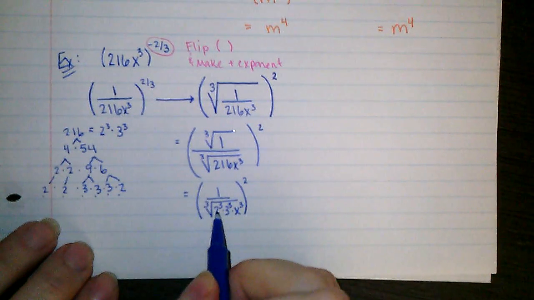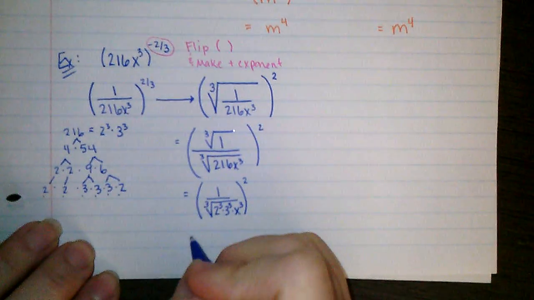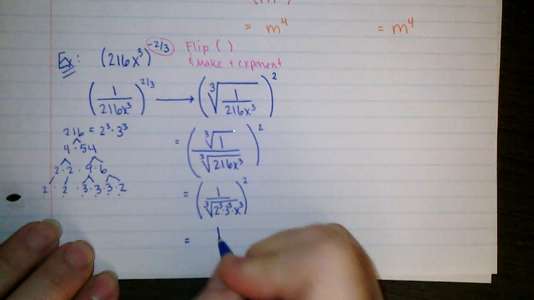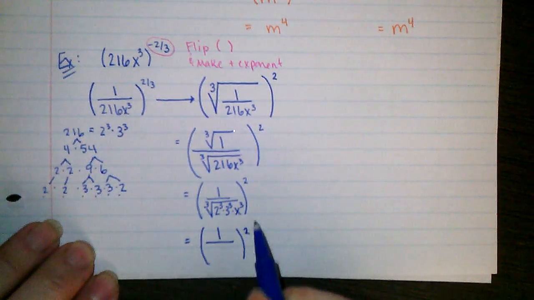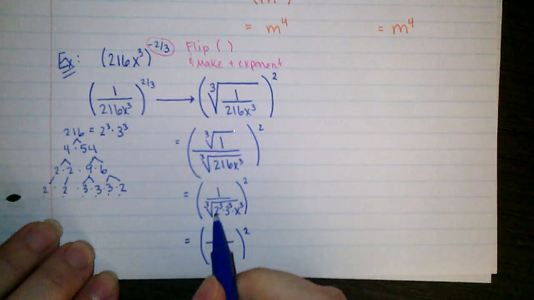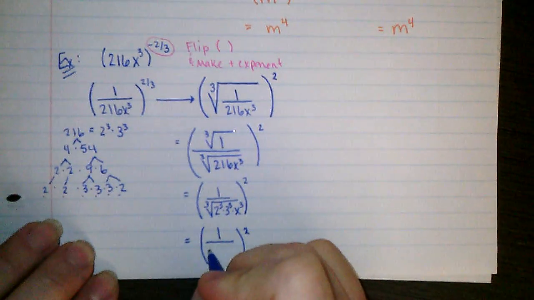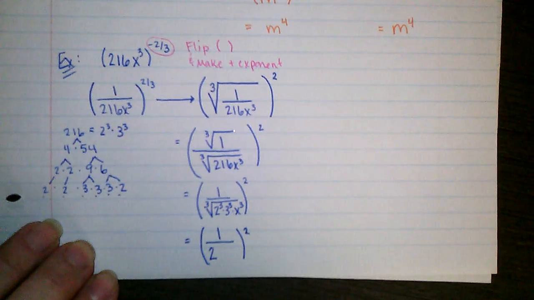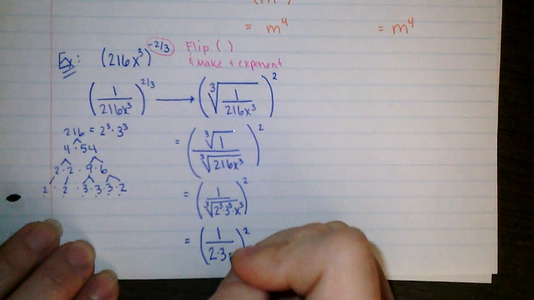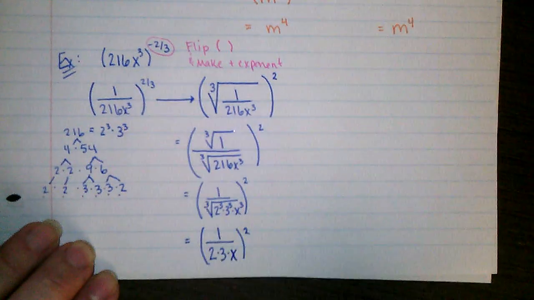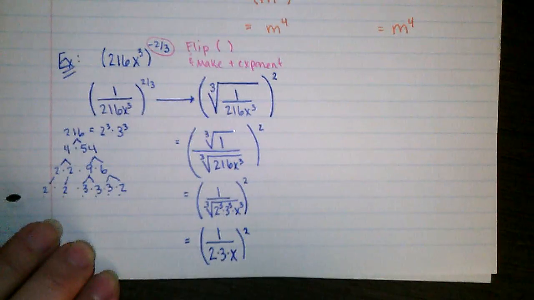I have a cube root, which means I need 3 in my group to get out. So my numerator stays 1, and I still have it squared. I have 3 2's, which means I can get out one group of 2's. I have 3 3's, which means I can get out one group of 3's. I have 3 x's, which means I can get out one group of x. And then nothing would be left in.